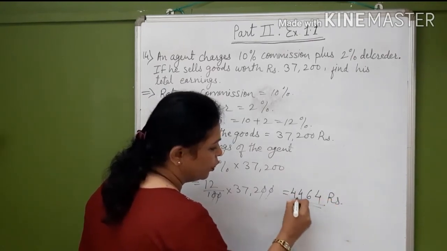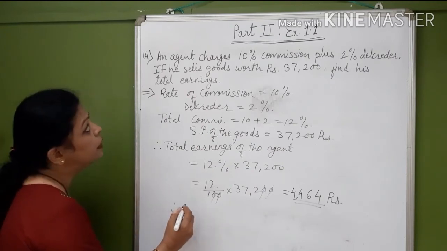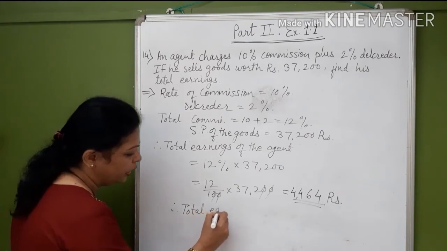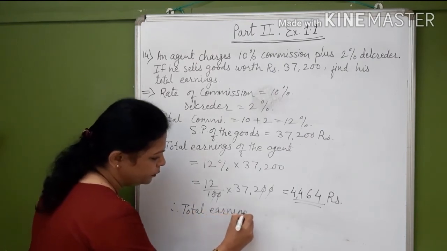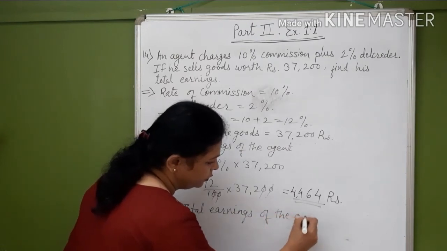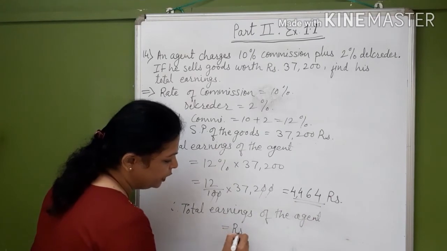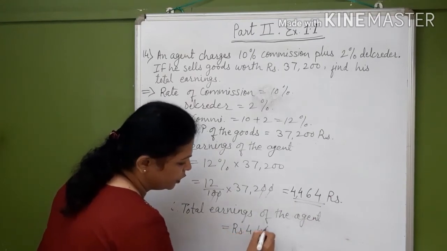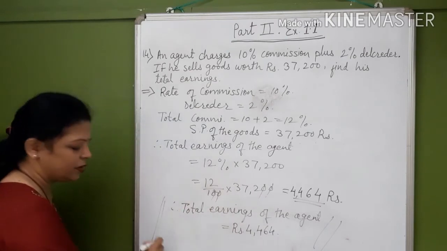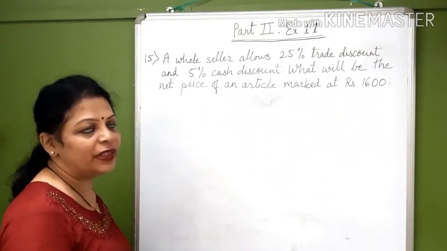So you get 4,464 as the agent's earnings. So write the final answer. Total earnings of the agent is equal to rupees 4,464. Very simple sum. Sweet and short. Isn't it? Okay, so let us start with the 15th sum.